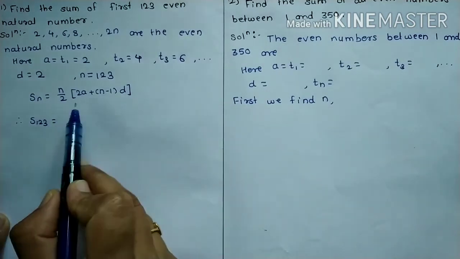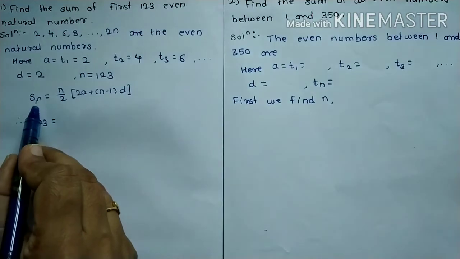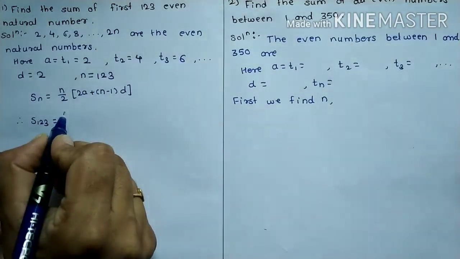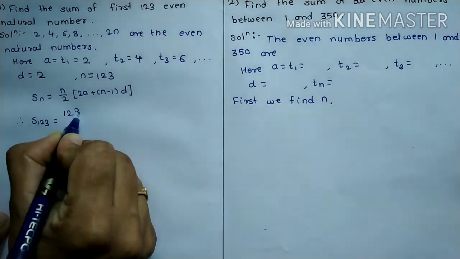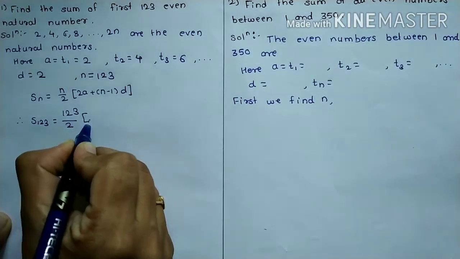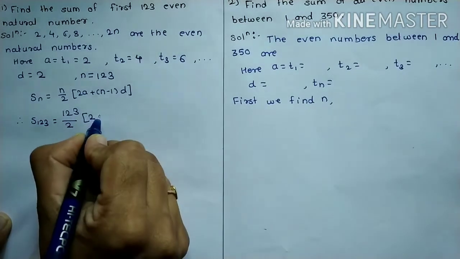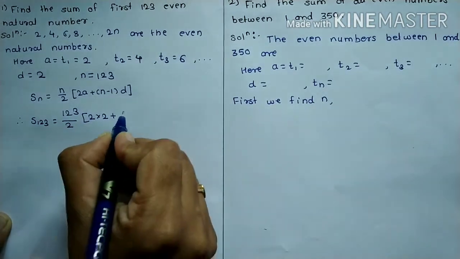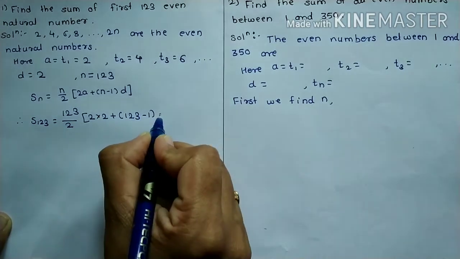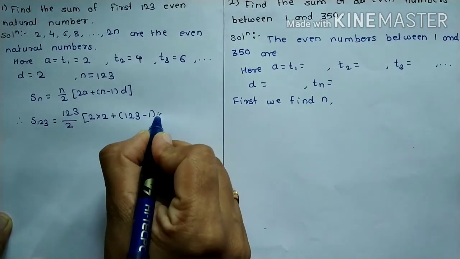Now substitute values. Therefore S123 equal to n is 123 divided by 2 into (2a is 2 plus n is 123 minus 1) into d is 2.